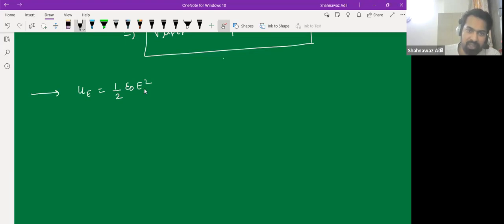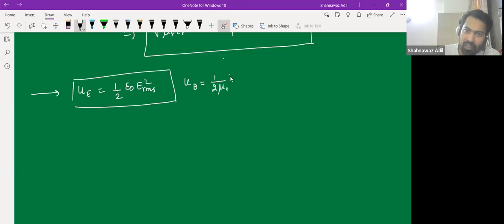And for this case, this is E RMS, right? And similarly, the energy due to the magnetic field is half, and this is mu naught and B RMS square, right?